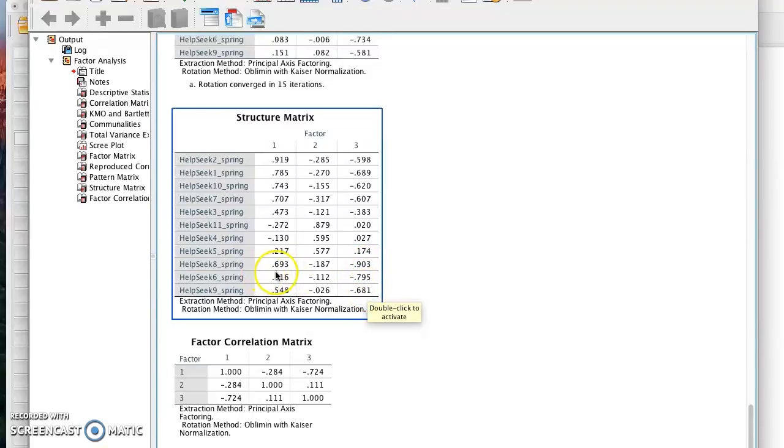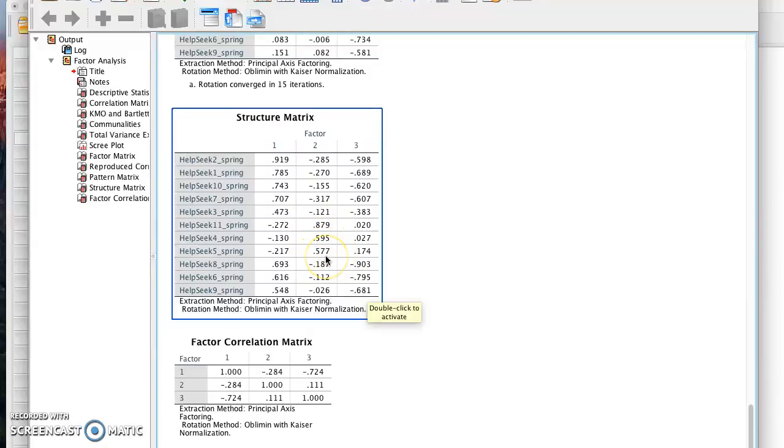Again, you will see some of the loadings, like this one is pretty high, 0.6. So it can also be a part of factor number 1, which is what we saw yesterday. These 5 items and this 1 can go together as factor 1, and these 3, help seeking 11, 4, and 5, which is the reversed language, which is the avoidance of help seeking, stay together as factor 2, okay?